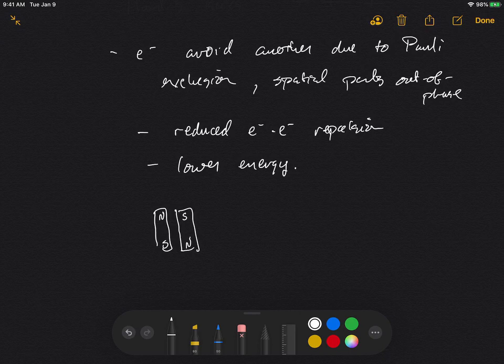It has to do with some very deep physics having to do with the symmetry of relativistic spacetime as it applies to the interactions of particles. And so the electrons tend to avoid each other when they have the same spin, and this reduces electron-electron repulsion and lowers the overall energy of the molecule.